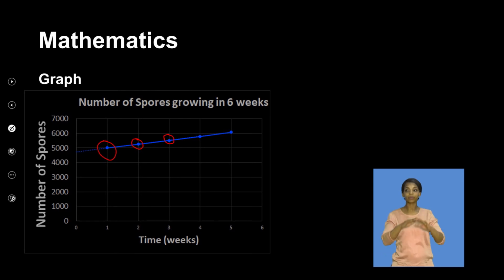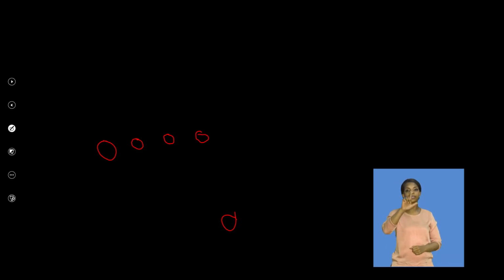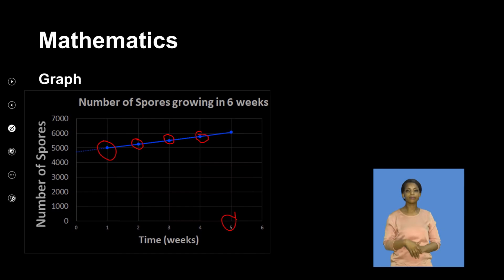With week 4, I had 5,788. And then with week 5, I had 6,000, and I think it was 6,078, right? It was 6,078 that we're dealing with here. So those are the values that we see. So you can see that our growth is not necessarily a constant growth that we're dealing with.